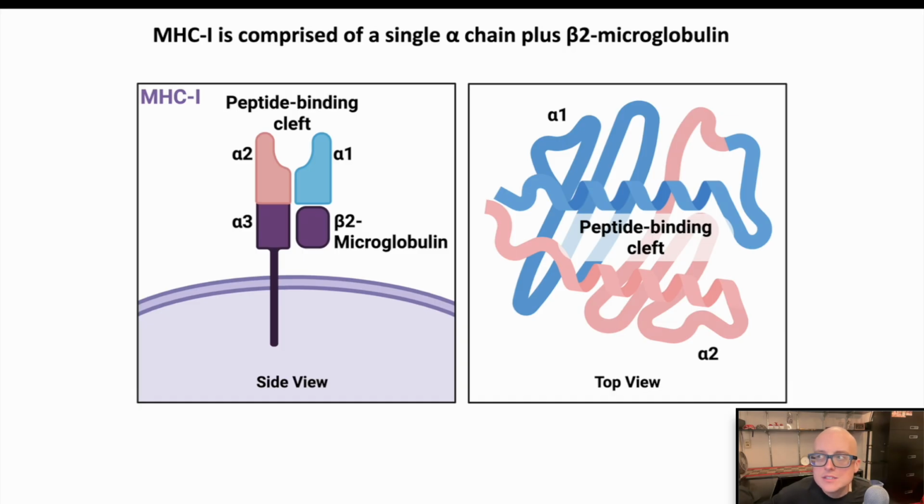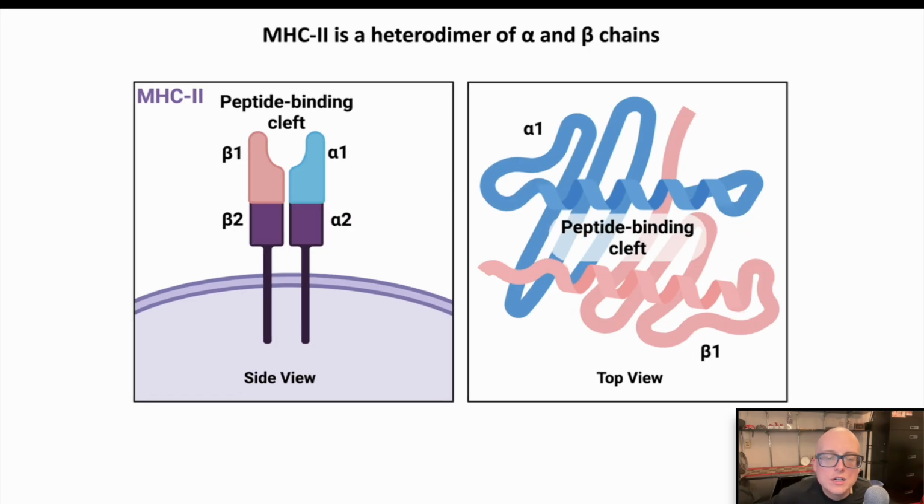MHC class 2 is similar in many ways, although it is made up of a heterodimer of alpha and beta chains, and you can see that there's an alpha 1 and an alpha 2, as well as a beta 1 and a beta 2. And for MHC class 2, it's the alpha 1 and beta 1 subunits that form the peptide binding cleft.